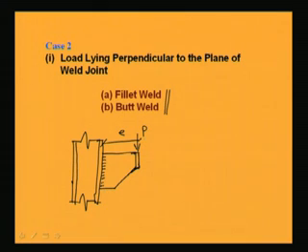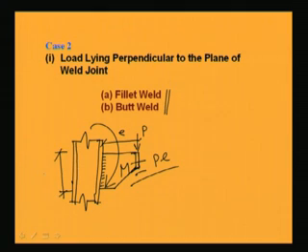So, because of P, this will also act as a moment M, where M is equal to P into E. So, we have to calculate the size of the weld or the depth of the weld, whether you call it length or depth. For a particular value of P and E given, we have to find out the size of the weld if other details are given.